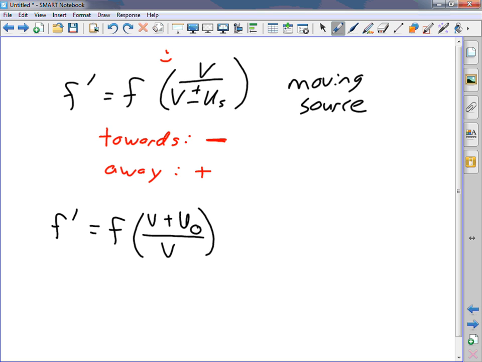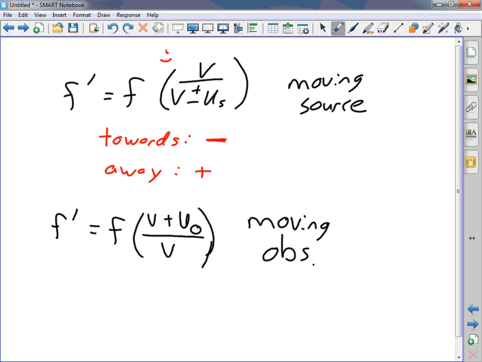V is the velocity of the wave. Lots of times we're talking about sound, which would be 340 meters per second, but it doesn't have to be sound. By the way, we can put that sound in different mediums, like water, which changes the V. This equation is for a moving observer.